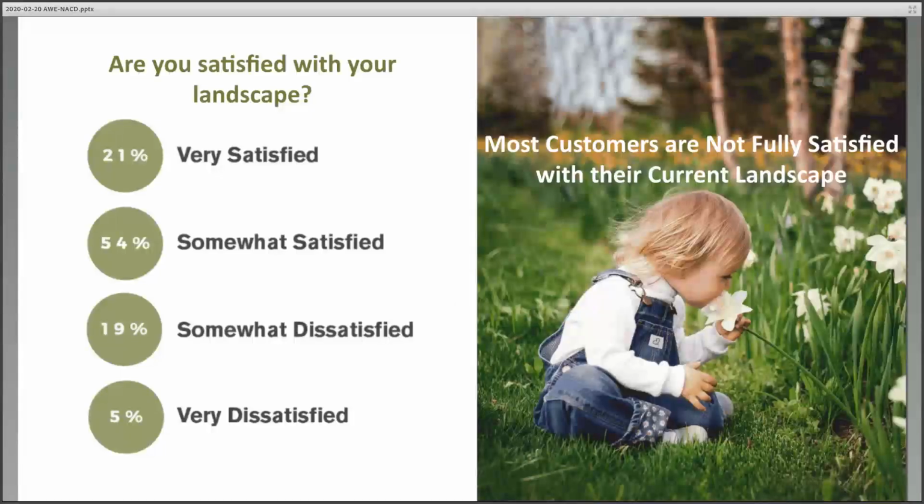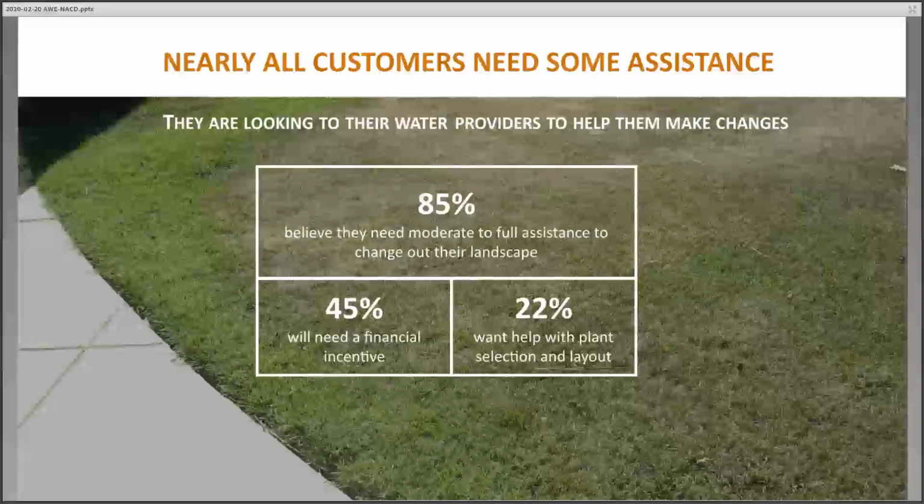So we're definitely not opposed to turf, but it is time to water it efficiently. We found most customers are not fully satisfied with their current landscape, and so this fits in very well with trying to transform the market and the way we landscape our yards.